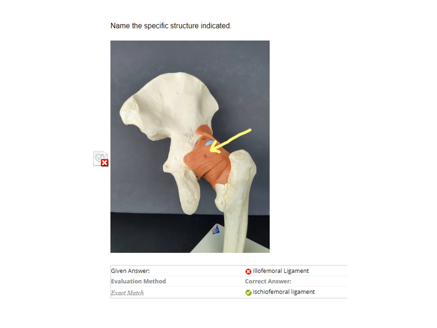So first, you have to make sure you know the names of all the bones. The appendicular skeleton is critical for being able to answer questions about the joints. Then you have to look at what bones the ligament is attaching. In this case, it's attaching the ischium to the femur, and therefore it is the ischiofemoral ligament.